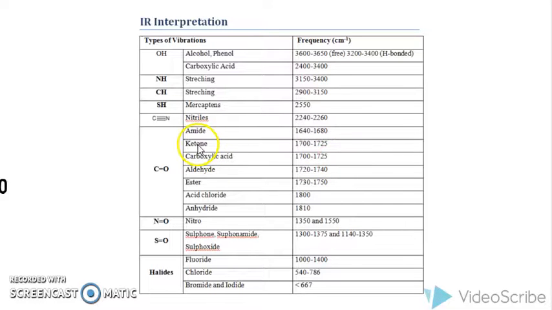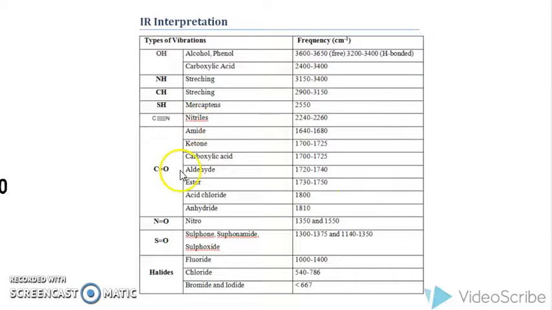So you can remember that ketone and acid come around 1700 to 1725. Aldehyde goes a little bit higher, 1720 to 1740. Ester is going upward, 1730 to 1750. Acid chloride 1800 and anhydride 1810.